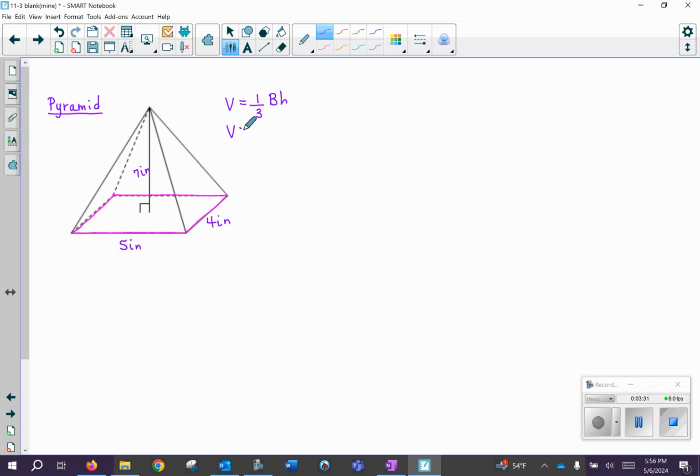So the volume is going to equal 1/3 times the area of a rectangle, which is 5 times 4, times the height of the pyramid, which is 7 inches. Multiply those together, always rounding to the nearest hundredth unless we tell you otherwise, and that gives us 46.67 inches cubed.